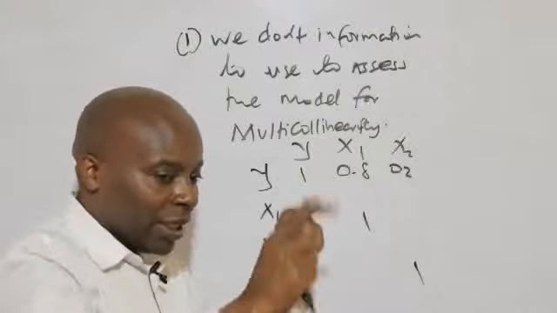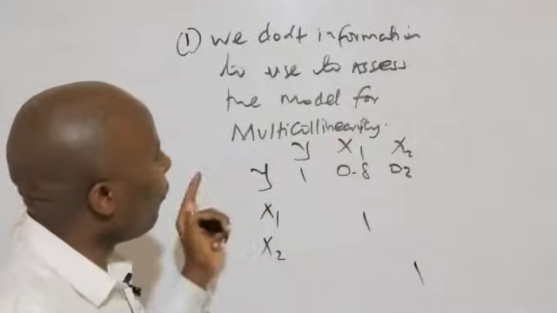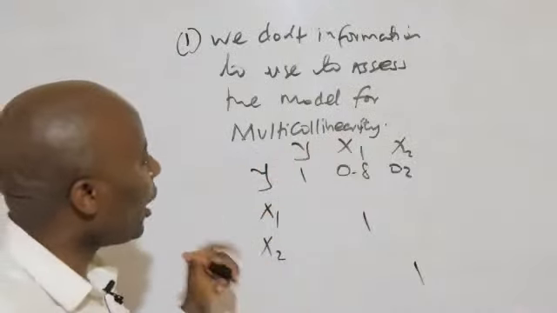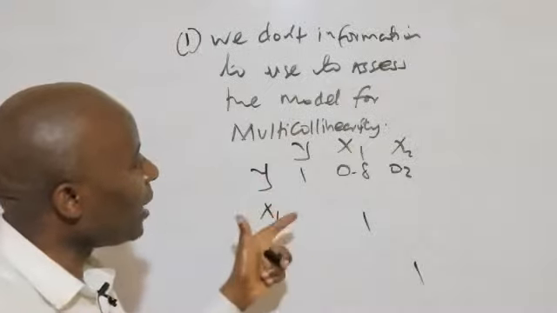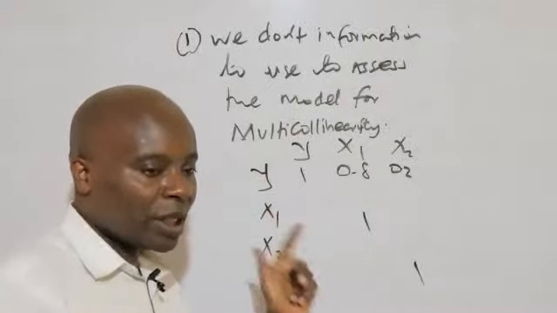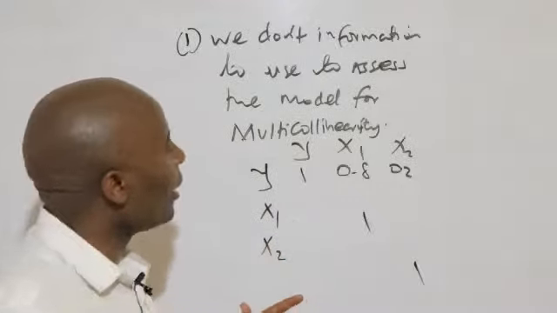If they relate like that, then we'll be having many relationships in one model. So we don't have information that will be able to help us to assess for multicollinearity.